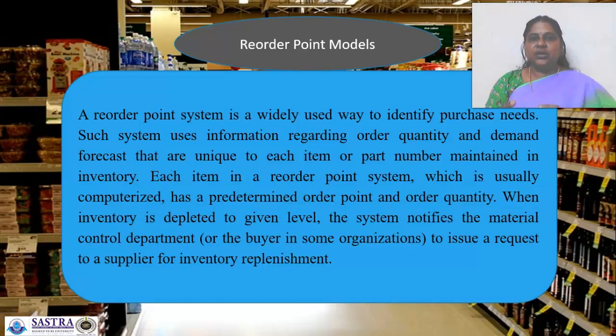Each item in a reorder point system, which is usually computerized, has a predetermined order point or order quantity. When inventory is depleted to a given level, the system notifies the material control department or the buyer in the same organization, who has to issue a request to the supplier, that is a purchase order, for inventory replenishment.